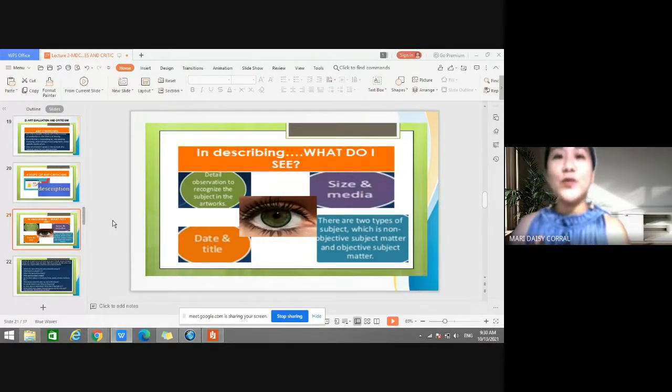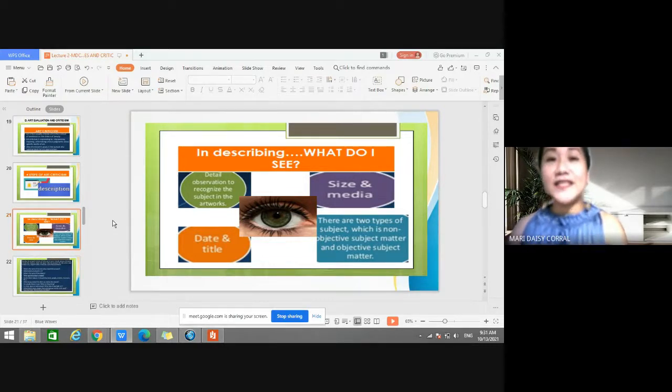The reason why we talk about the principles and the elements of this particular art is because it has something to do with describing them. So you look into the size, you look into the media being employed in your art, and then you also have to check on the date and the title of that particular art. Okay, so that's how you have to describe an art.